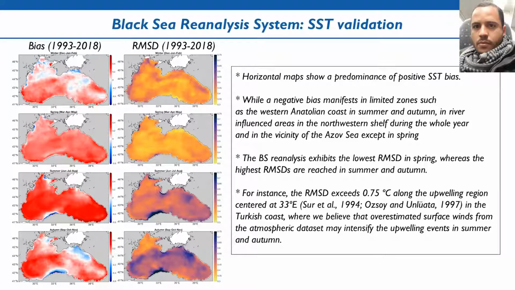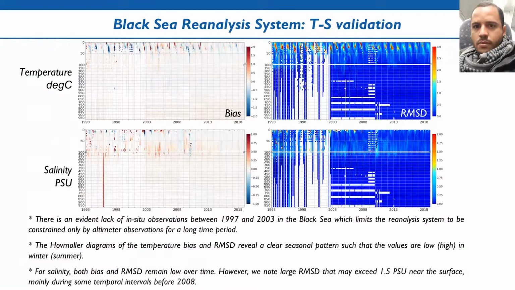For instance, the values exceed 0.75 degrees Celsius along the upwelling region on the Turkish coast. In this region, we believe that overestimated surface winds from the atmospheric dataset, in our case ERA5, may intensify the upwelling events in summer and autumn.